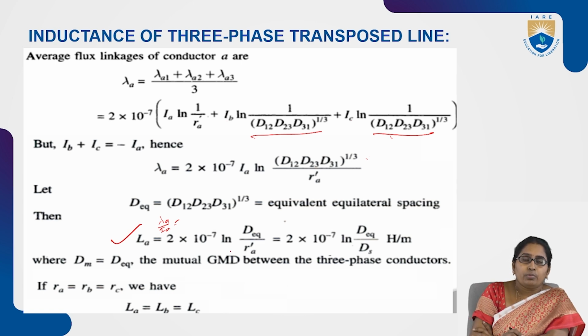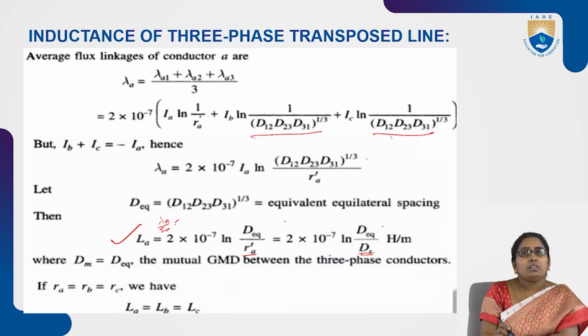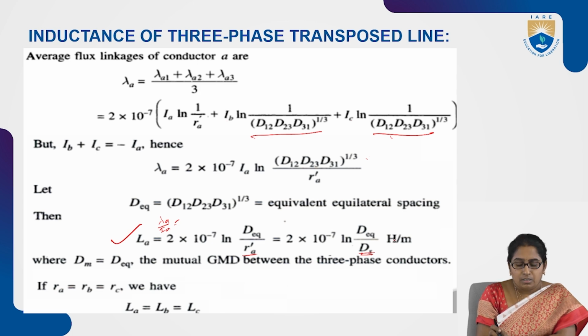What is that Ra dash? We know it is the self GMR, which is denoted with Ds. Also, in the numerator, this D always represents the mutual GMD, which is denoted with Dm, from my previous lecture.